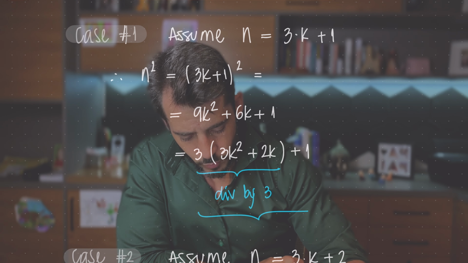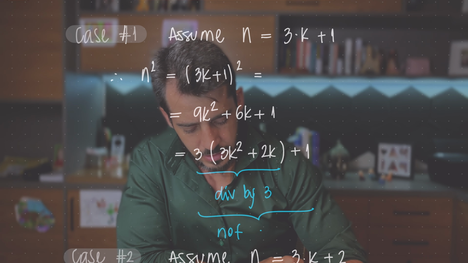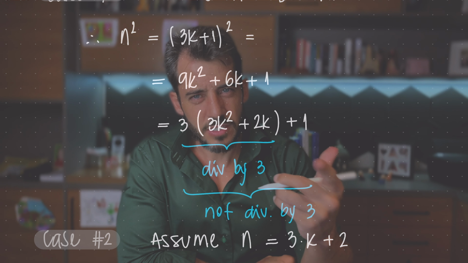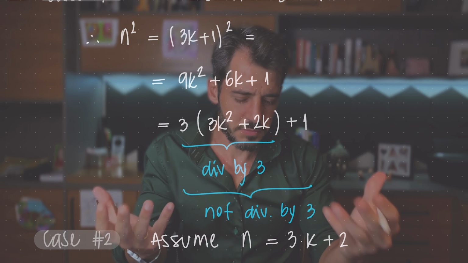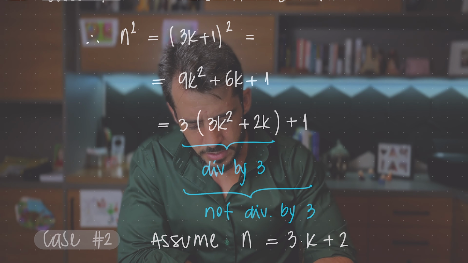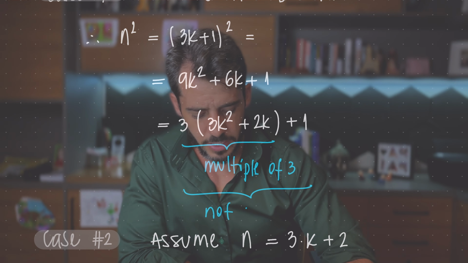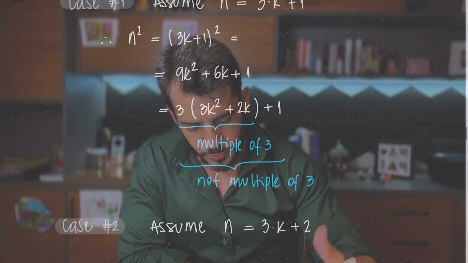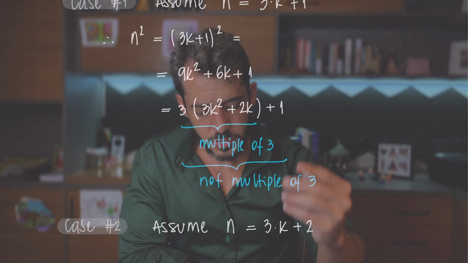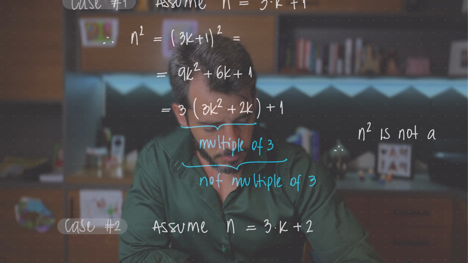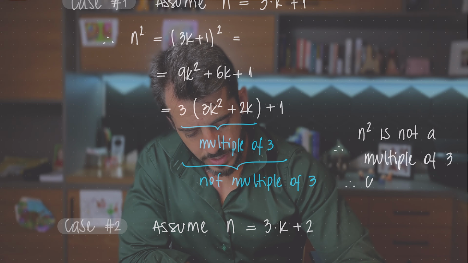However, when you add 1, this is not a multiple of 3. Therefore, n squared is not a multiple of 3. So we have a contradiction.